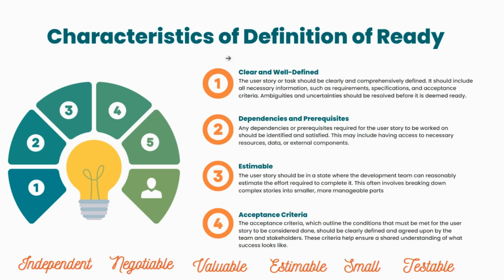The first characteristic we will see is clear and well defined. So what should be clear and well defined? If we're talking about a user story and task, it should be very clear and well defined.